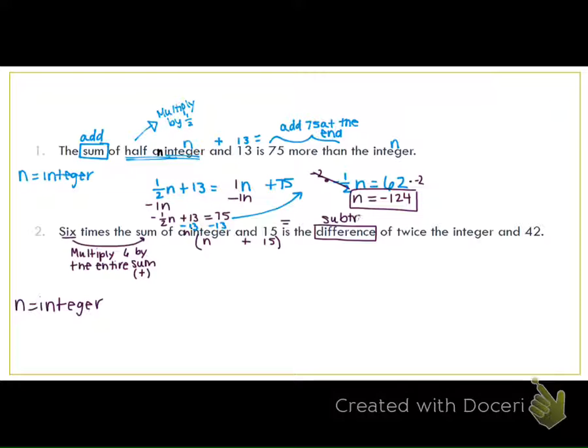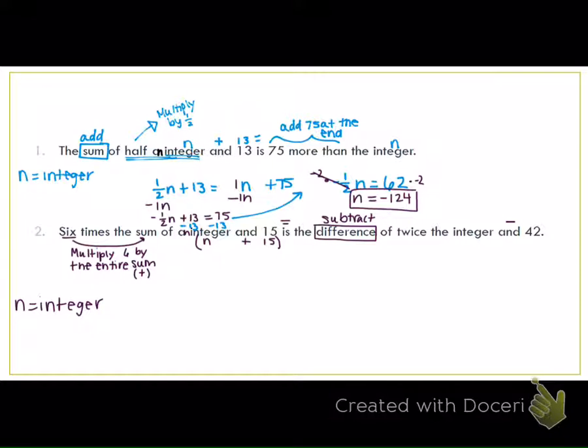So you're subtracting these two numbers. So in between the and is your subtraction. Twice the integer. Twice means you're doing what operation? Multiply. Good job, Tommy. The integer and 42. Okay, so when we go to translate that is 6 times n plus 15 equals 2n minus 42.